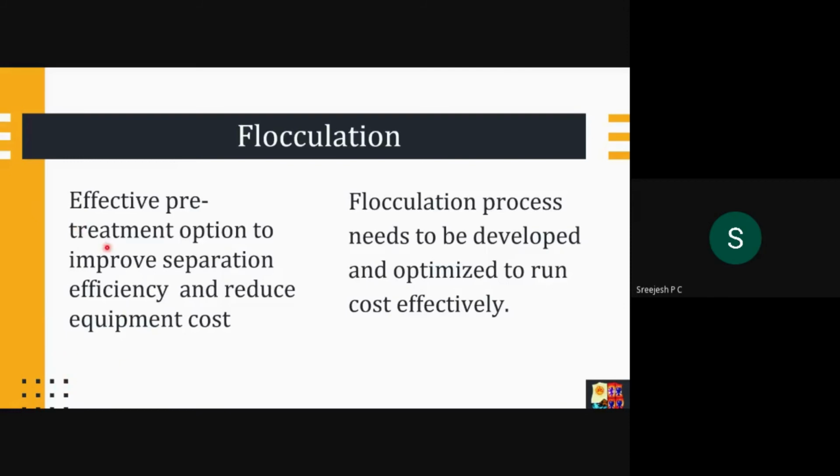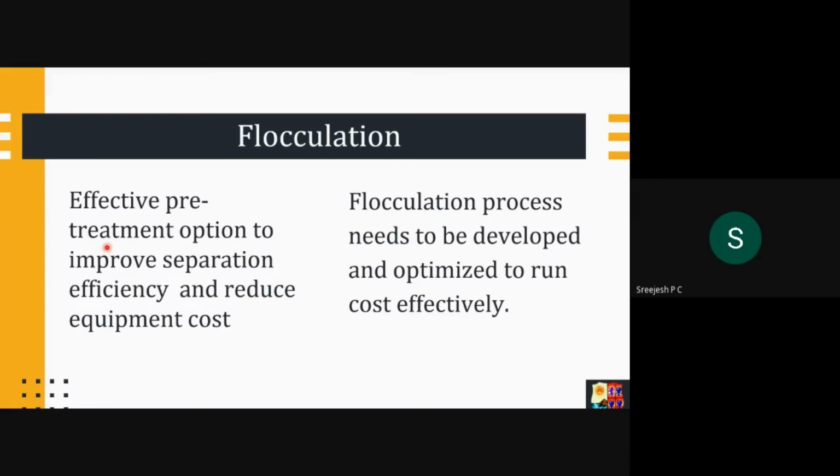Normally when you do the filtration, these microorganisms can go and settle on the pores of the filter and cause clogging. So to avoid that, we can do a pre-treatment like flocculation so that their size will be large, and they cannot go and settle in the pores of the filter.